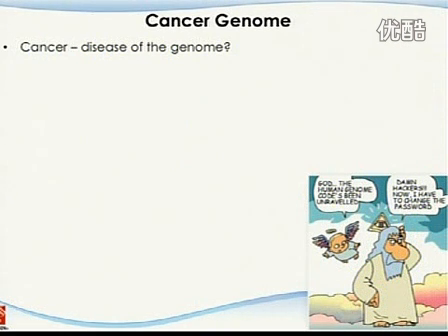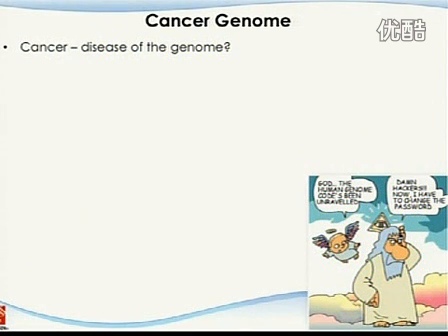A lot of people think the cancer genome is really messed up, and we think so too. You can see this cartoon. The angel said, God, the human genome code has been unraveled, and what God needs to do is just change the password, and you will not be able to understand it, right?